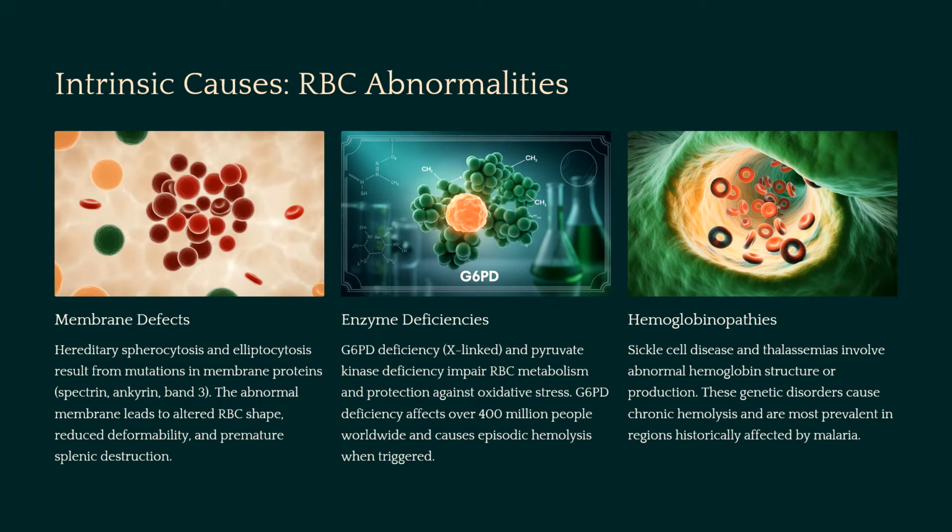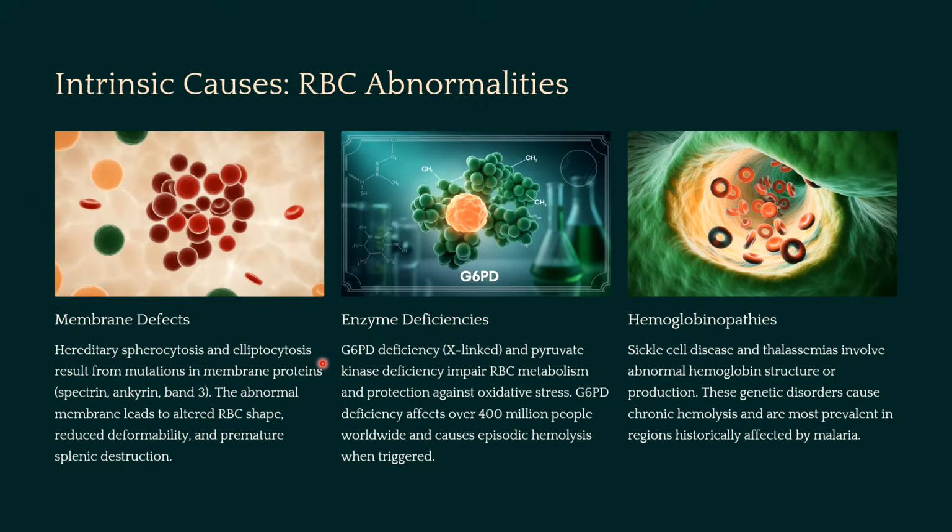Now, regarding the intrinsic causes of RBC abnormalities, there are basically three causes, as we came across on the previous slide: membrane defects, enzyme deficiency, and hemoglobinopathy. Regarding the membrane defect, hereditary spherocytosis and elliptocytosis, you should remember these two terms.